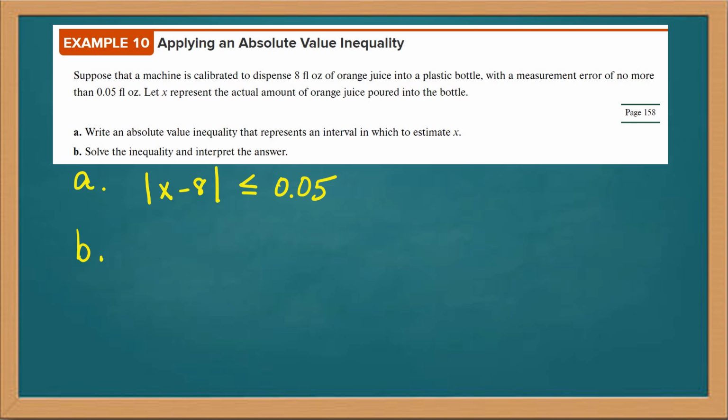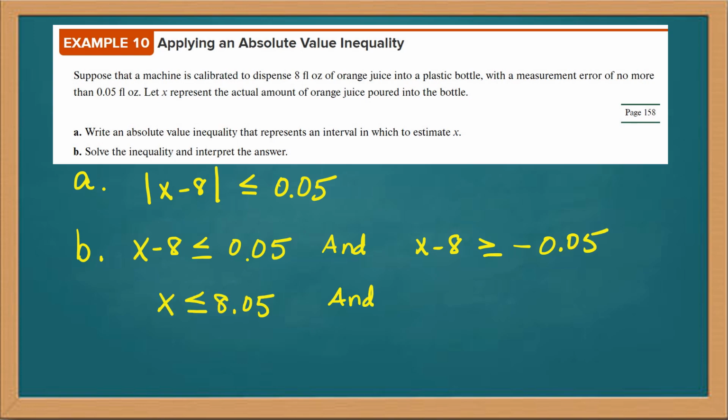And so part B says you're supposed to solve the inequality and then interpret the answer. So solve the inequality means that you're going to say x minus 8 has to be less than or equal to 0.05, and x minus 8 is greater than or equal to negative 0.05.